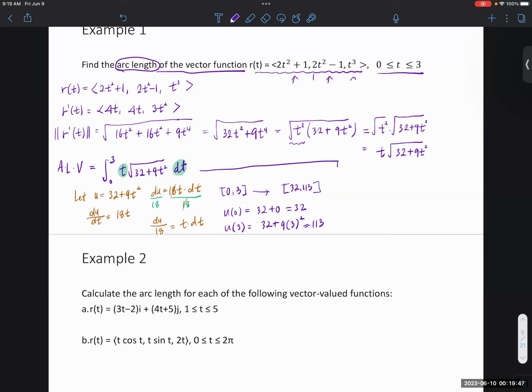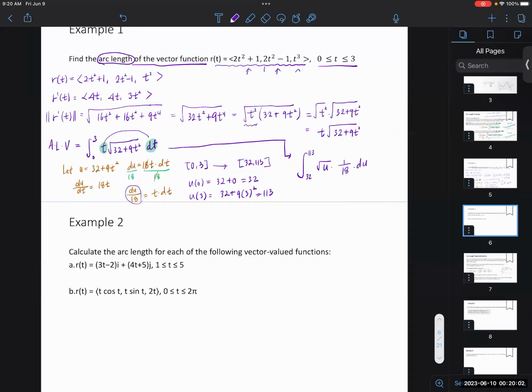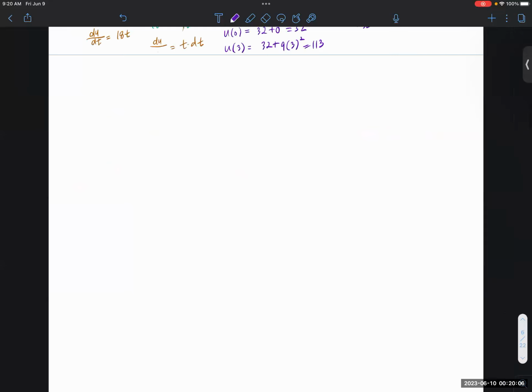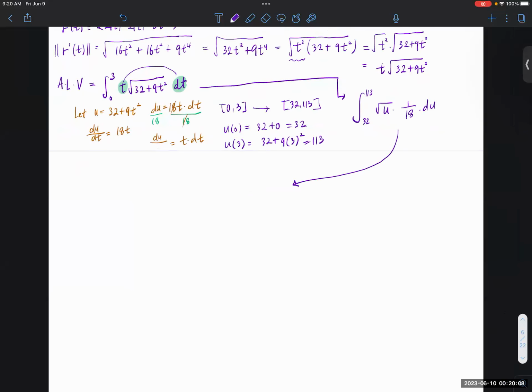So with this information, the integral from 32 to 113, we have the square root of u, and then t times dt is 1 over 18 du. You are going to take the integral of that u variable. So let's continue. I'm going to bring 1 over 18 to the front.